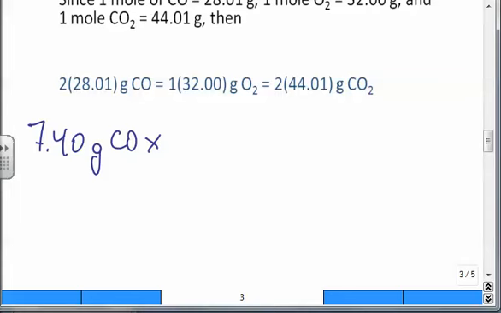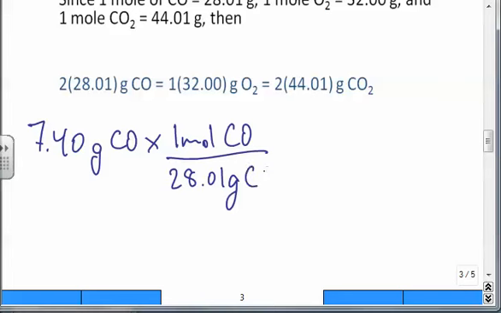So we're going to go from grams of carbon monoxide to moles of carbon monoxide, knowing that 1 mole of CO weighs 28.01 grams of CO. Now my units cancel, and when I do this conversion, I convert to moles. Before I plug this into my calculator, I'm going to go to the next step.